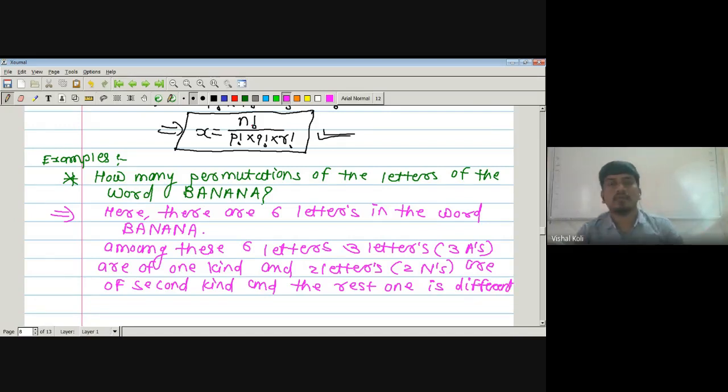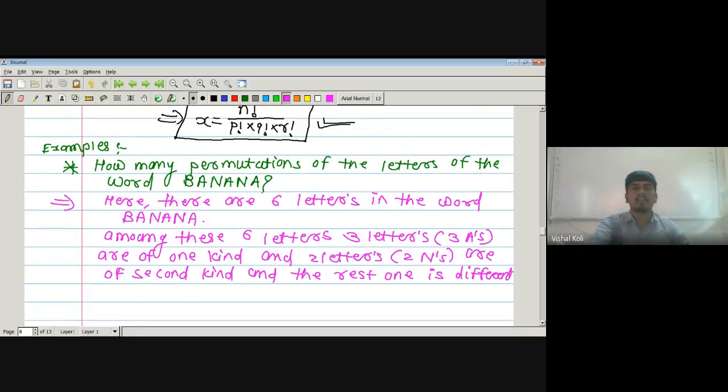Here the value of n will be equal to 6, in which 3 letters are of one kind and 2 letters are of second kind, that is 3 A's and 2 N's, and B is different from the remaining letters.